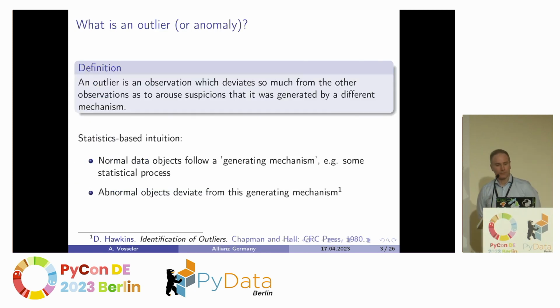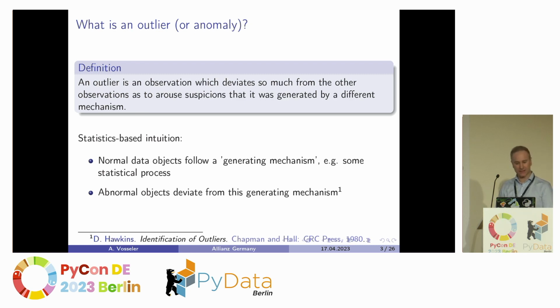So what is an outlier or an anomaly? Depending on really where and what kind of literature or domain of research you're looking at, you might find different definitions. If you stick, let's say, with the statistics definition, there's a relatively commonly used definition due to Hawkins, which says that an outlier is an observation which deviates so much from the other observations as to arouse suspicions that it was generated by a different mechanism, and this already suggests that there is some sort of data generating process.